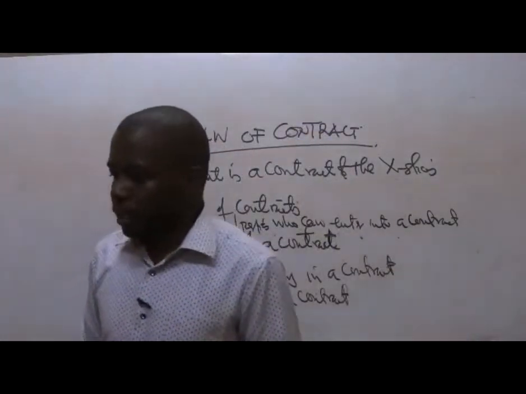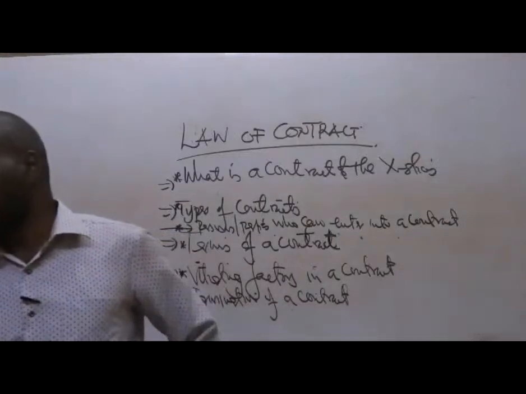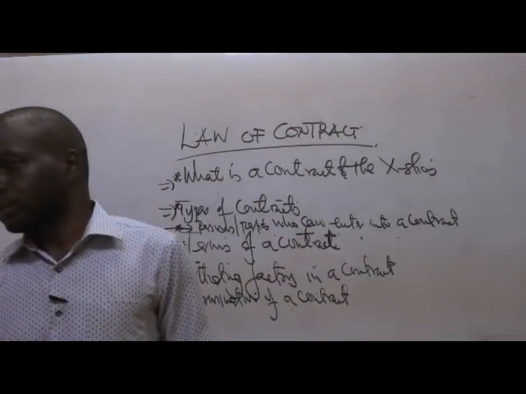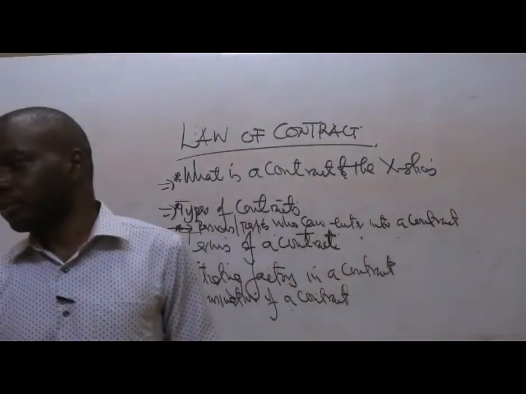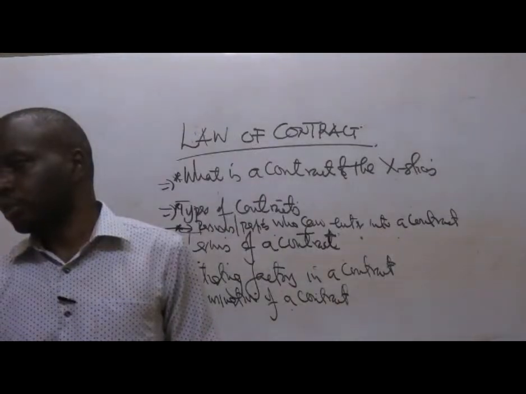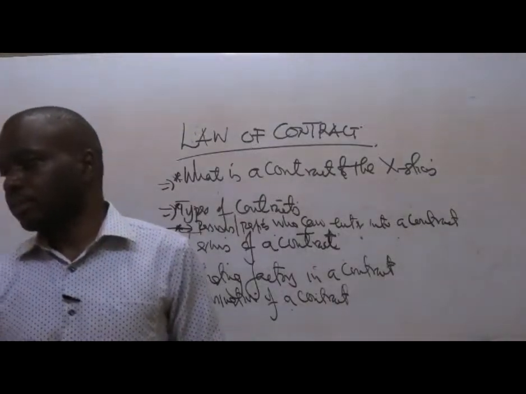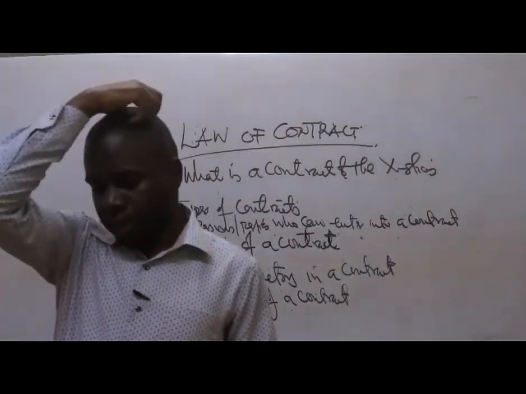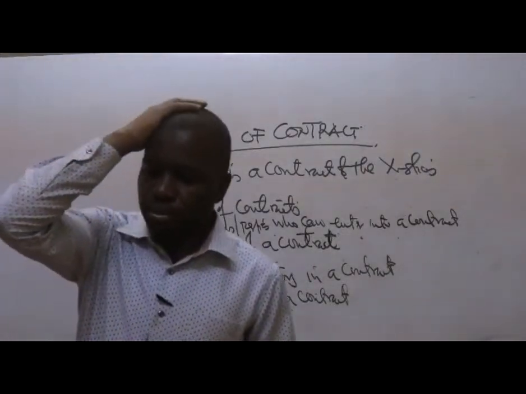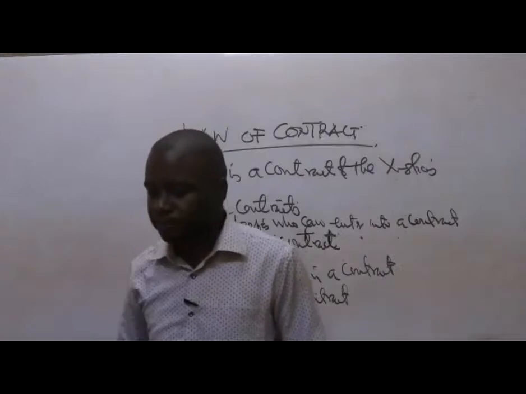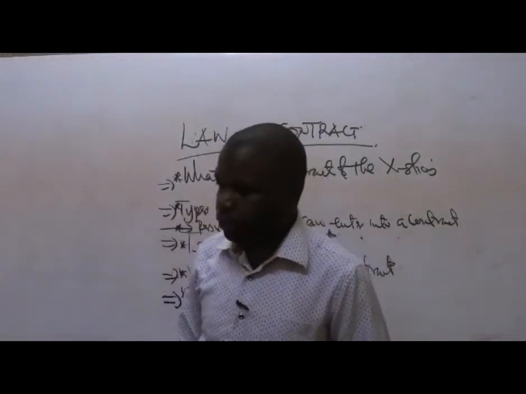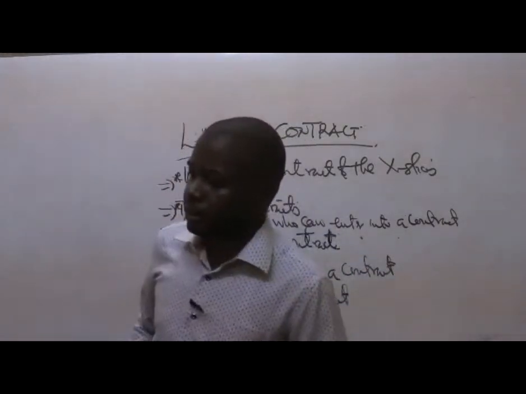So when you talk about a contract, it is simply an agreement that gives obligations to certain parties to be able to fulfill. So an agreement of promises entered into. There is normally a promise that someone makes that he'd be able to fulfill under that particular agreement.